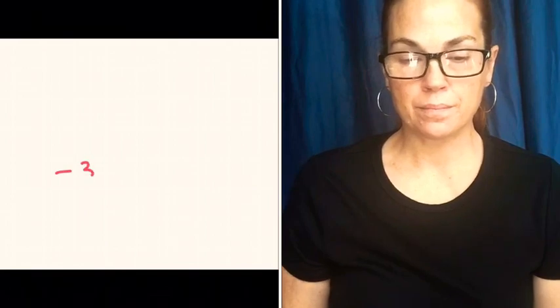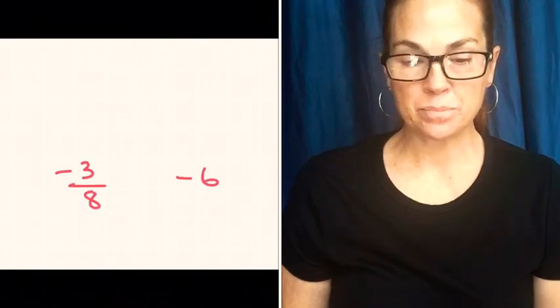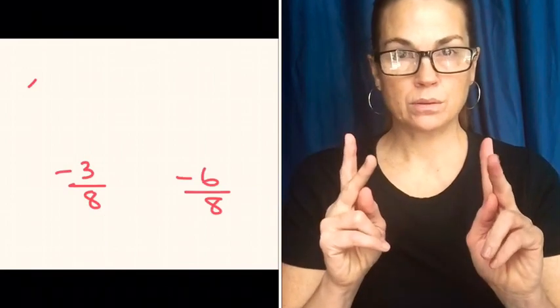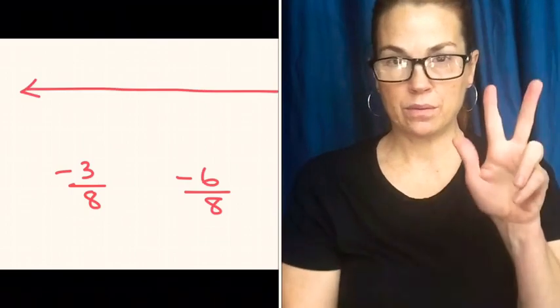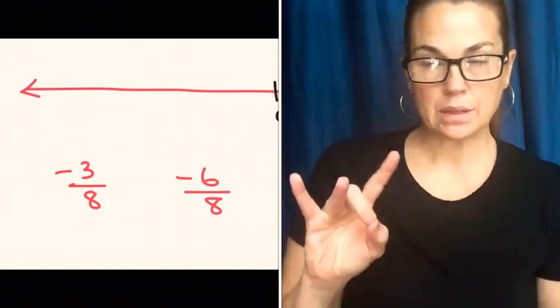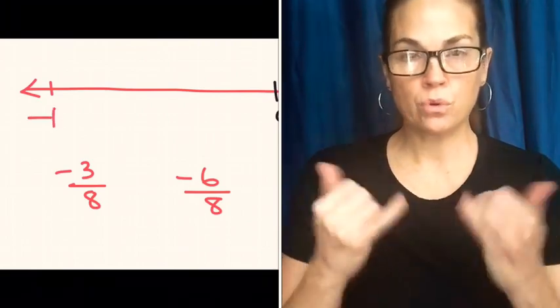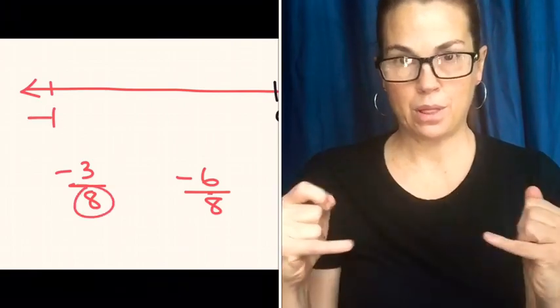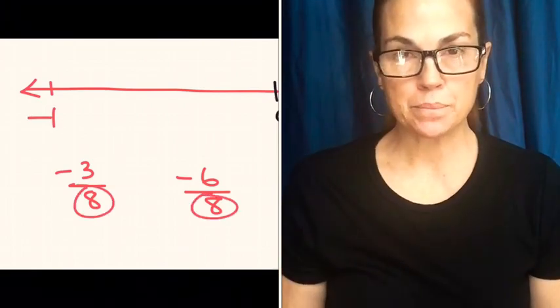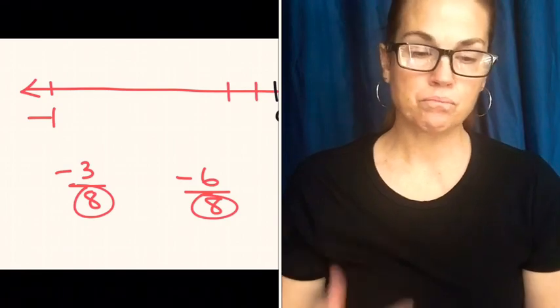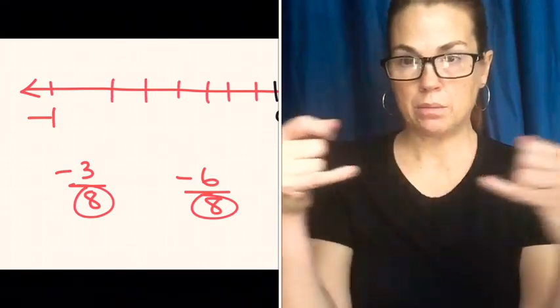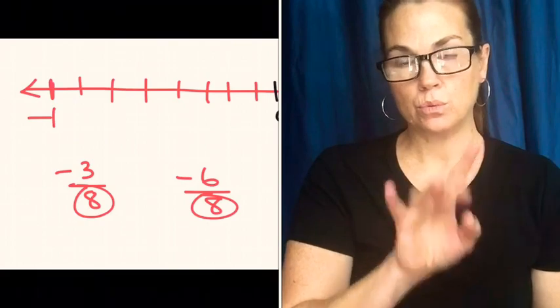So now that I've compared negative 3/8 and negative 6/8, I want to order them on a number line. So I could break my number line into eighths, since that's a common denominator. So 1/8, 2/8, 3/8, 4/8, 5/8, 6/8, 7/8, and 8/8 would be 1.